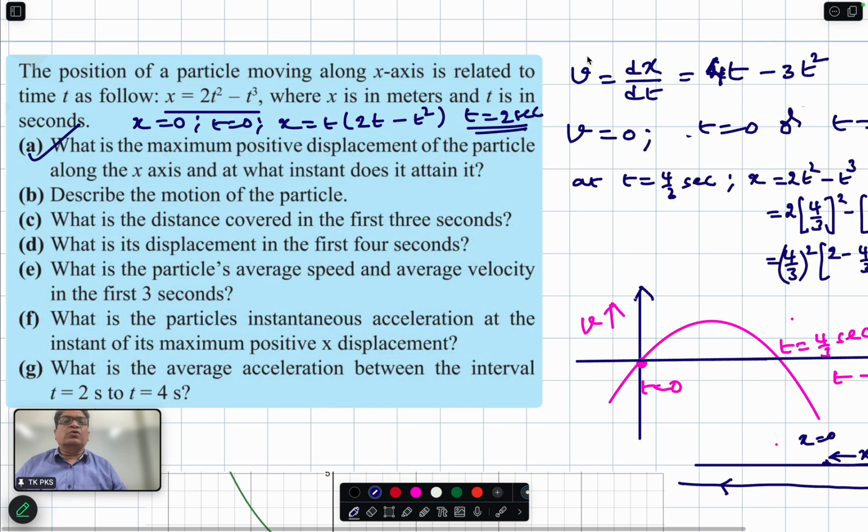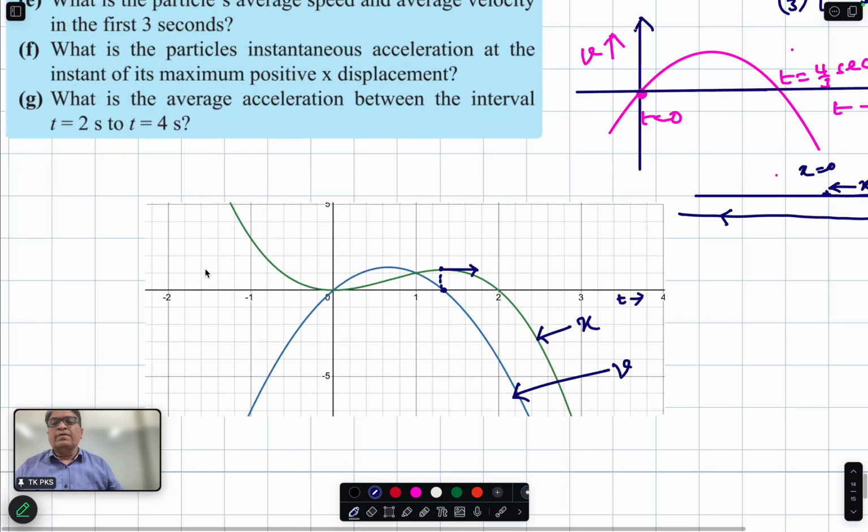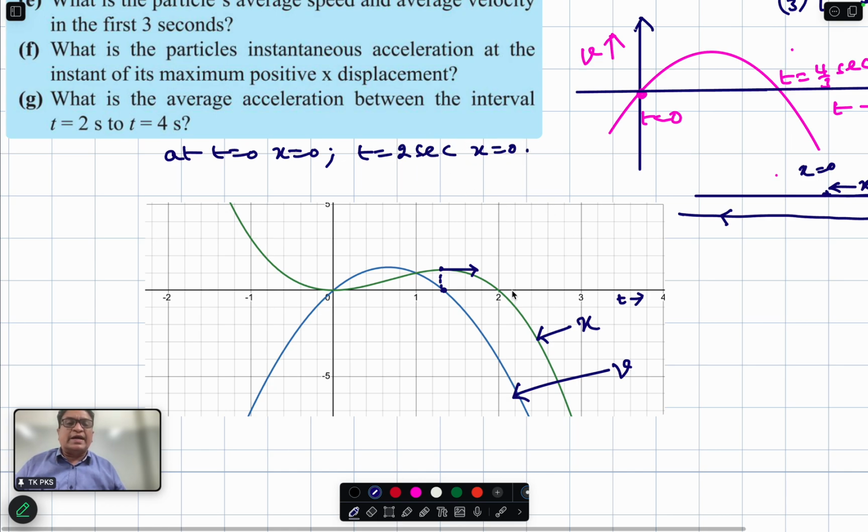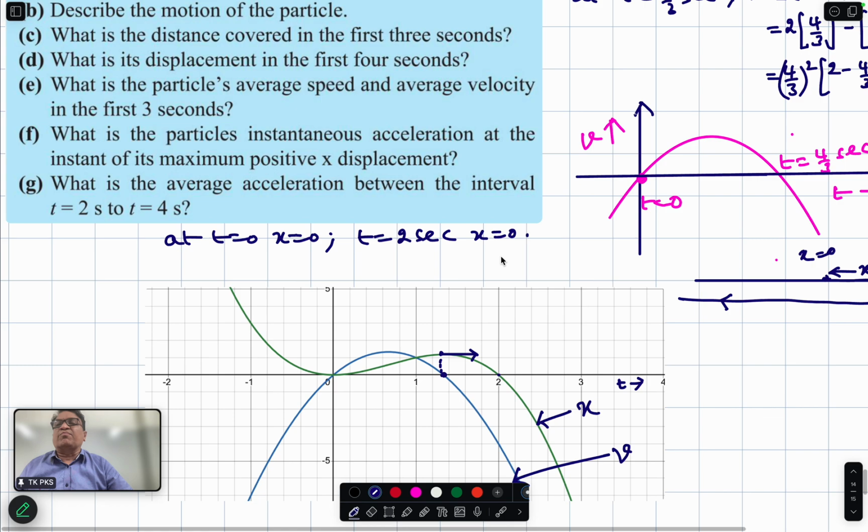At t equal to 0, x is equal to 0. At t equal to 2 seconds, x is equal to 0. So, till 2 seconds, it is in the positive side of x. In fact, it is crossing the origin at t equal to 0 and it is crossing back in the reverse direction at t equal to 2 seconds. That is the description of motion.